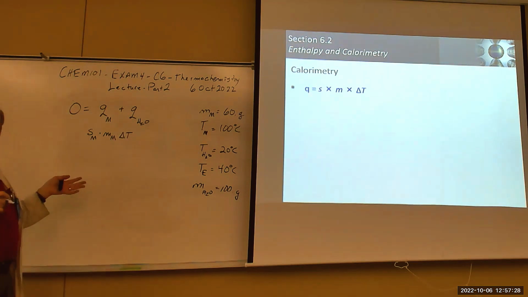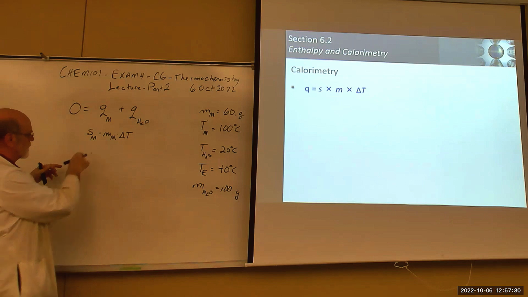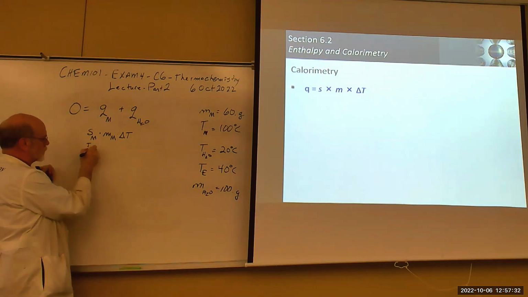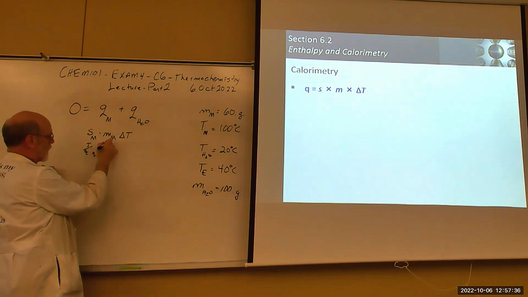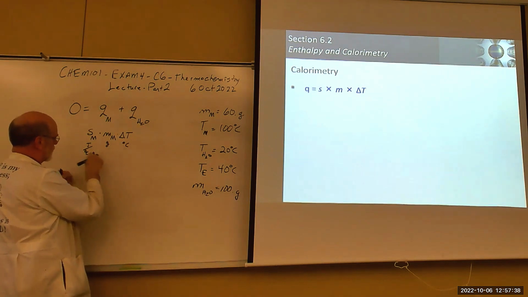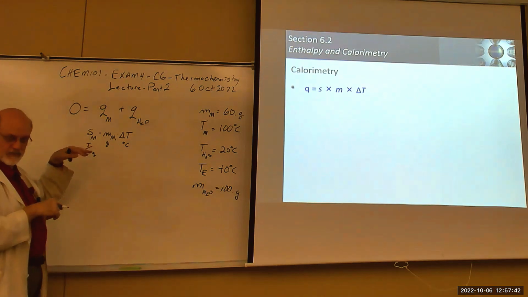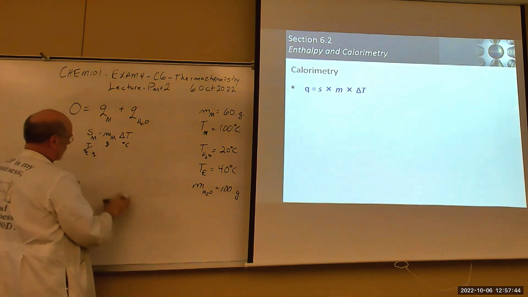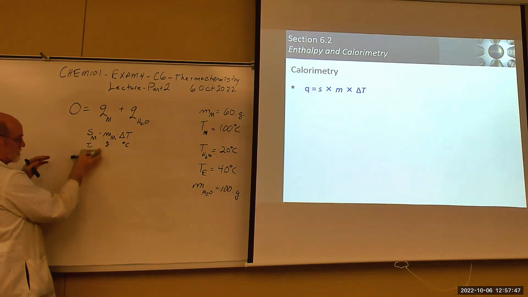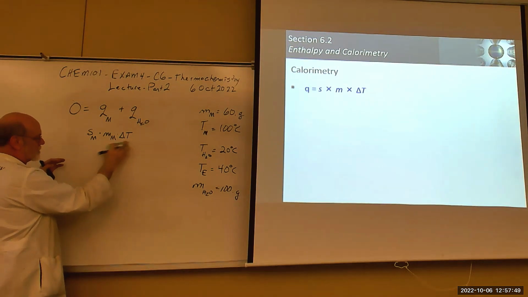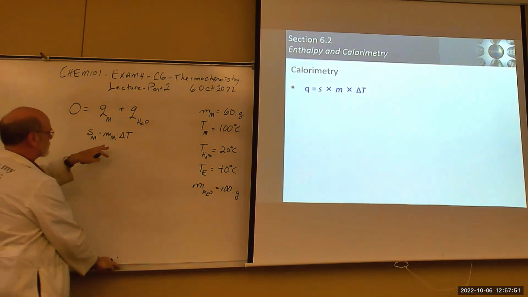Now, is that going to work? Let's look at the units of measure. What is this? This is joules per degree C gram. This is in grams. This is in degrees C. They cancel. These are with joules. So our units confirm that, at least as far as that goes, we have all the terms we need.